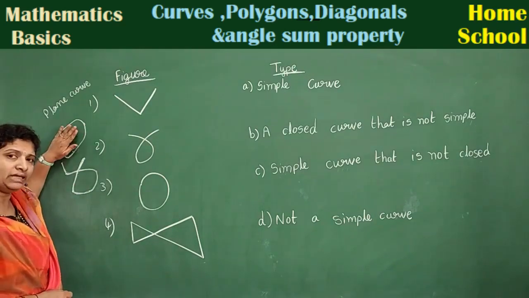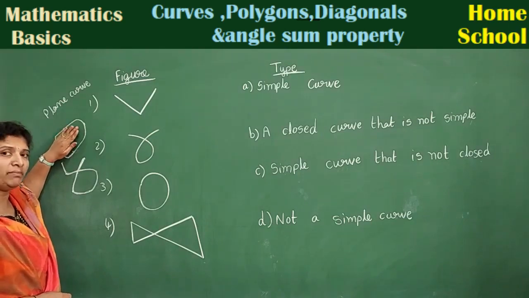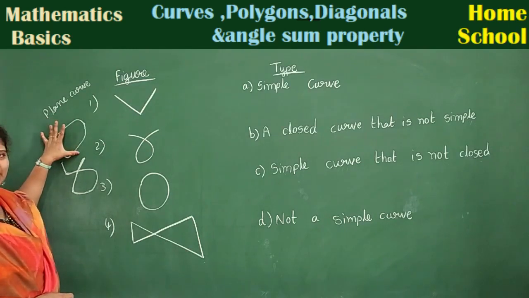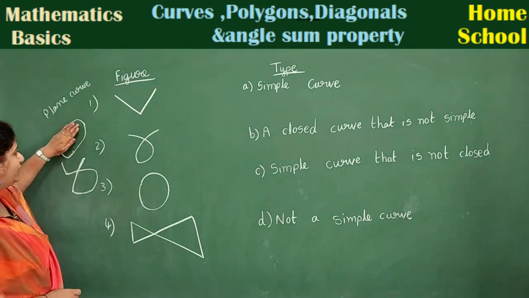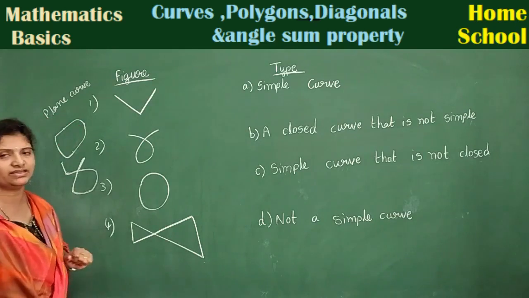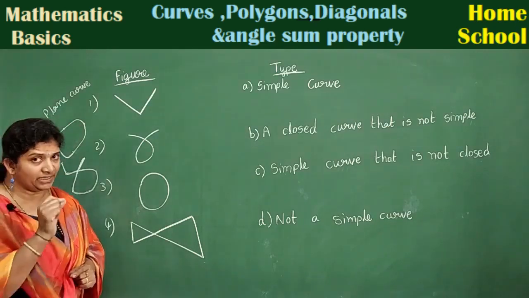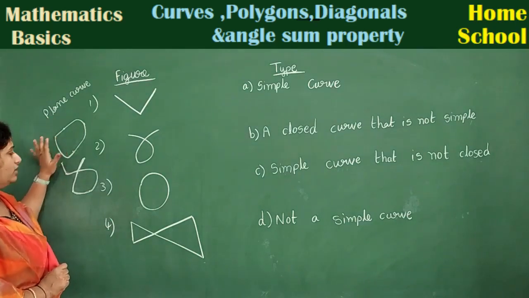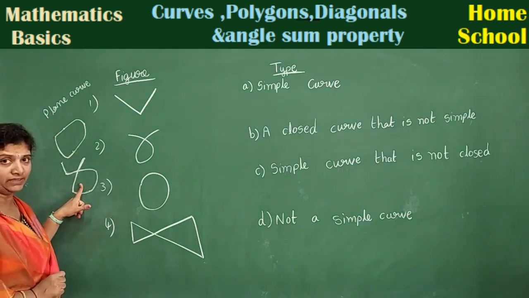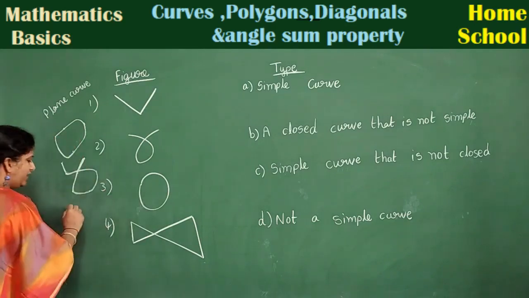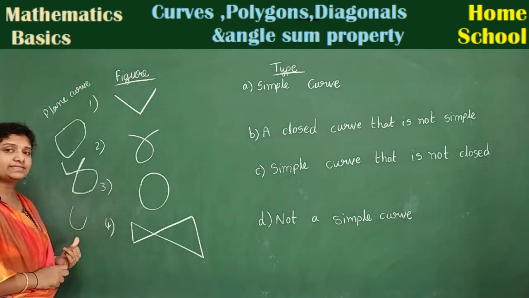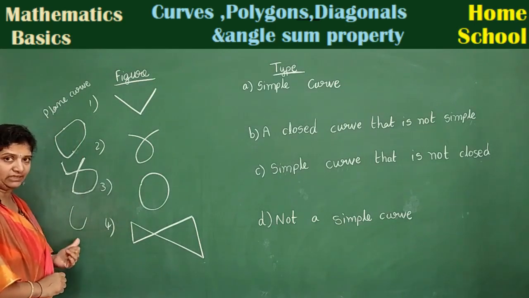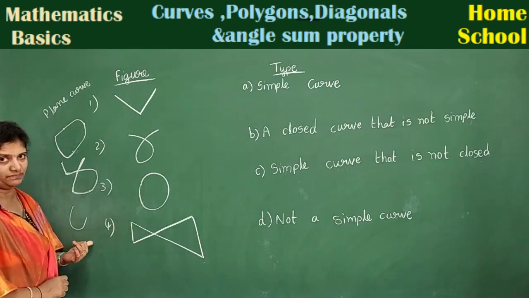A simple closed curve has two regions, interior and exterior. This is a simple curve and this is your simple closed curve. This is not a simple curve. Suppose I draw like this, it is a simple curve which is open, or not closed.